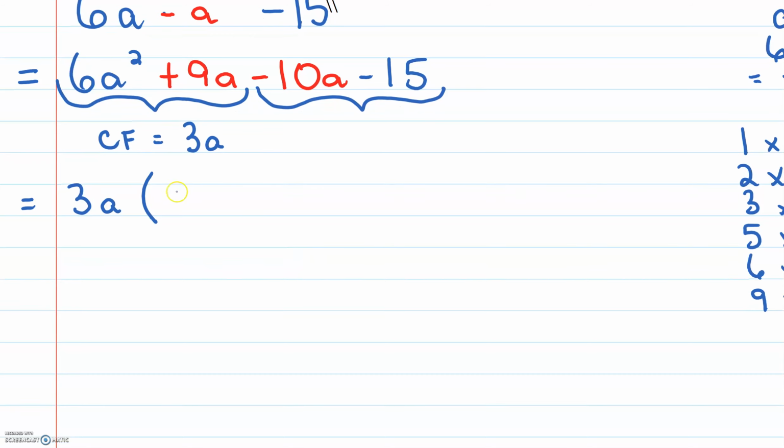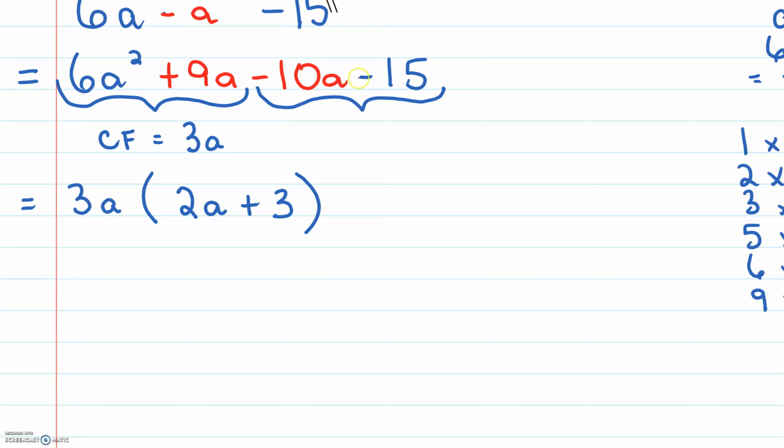You can say 6 divided by 3, which is 2, but 3a times 2 won't give me 6a squared. You have to add an a here. 3a times 2a will give me 6a squared. Now, 9a divided by 3a is positive 3, and 3a times positive 3 is 9a. So I know that this works. I can close the bracket and be confident that I can move on to the next step.